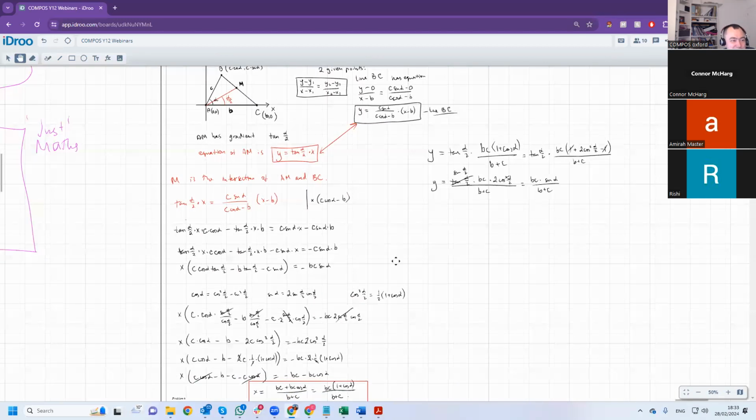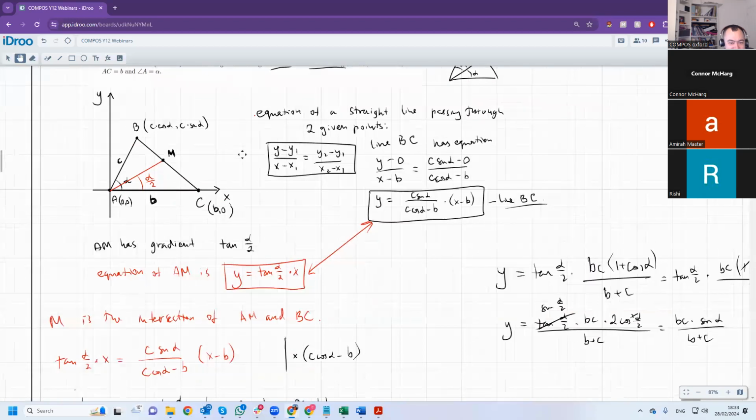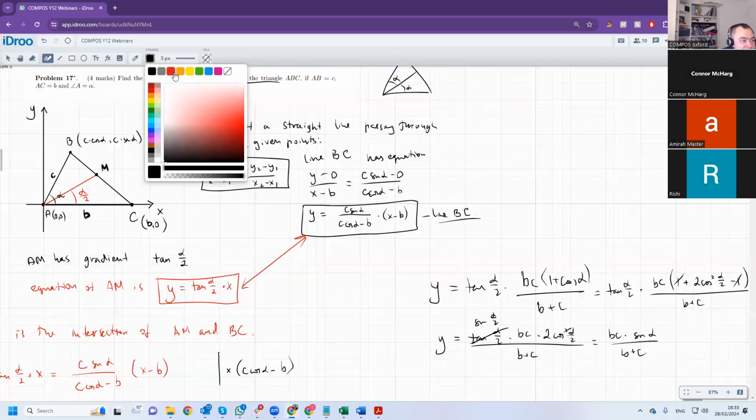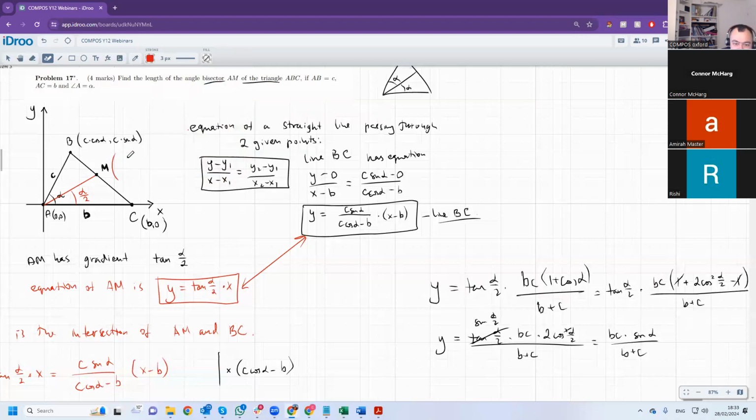So now you found the coordinates of M, and the coordinates of M are bc times 1 plus cos alpha over b plus c, comma, bc multiplied by sine alpha over b plus c. And you need to find the length.